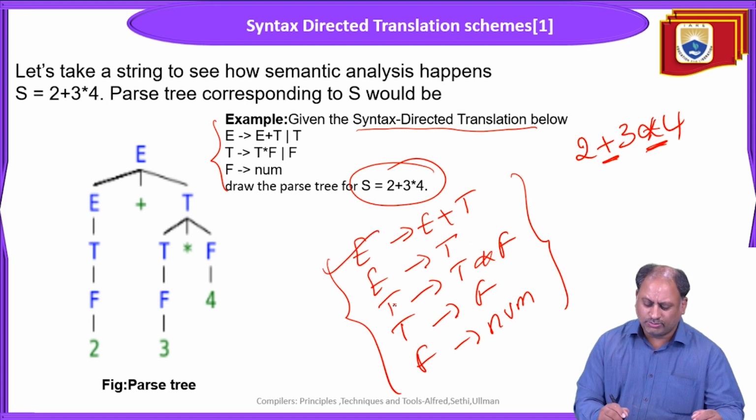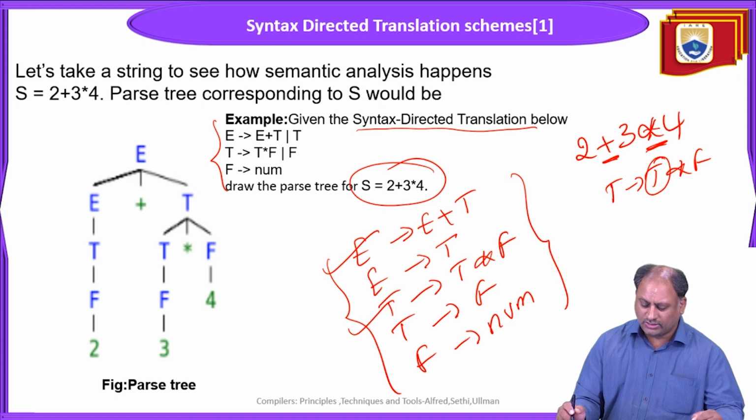So here E derives E plus T, because the plus operation is available at the beginning. Maybe it is available in the remaining part also, but initially for this construction we have to consider which one is majorly applicable to draw. And the other one is the star operation. If you consider T derives T star F, you may get the choice of whether T contains a plus operation or not.